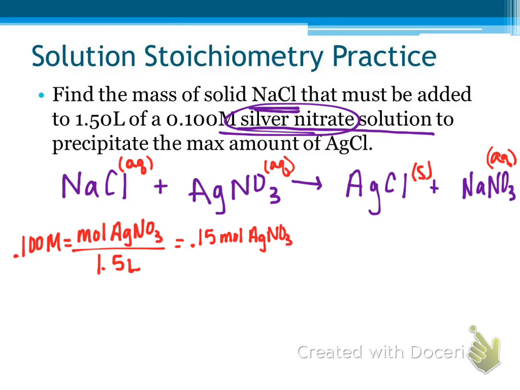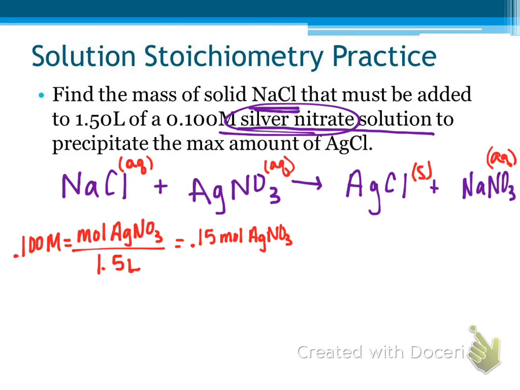From there, we can do a really simple stoichiometry problem. We want to go from moles of silver nitrate and find out how much in grams of salt, or NaCl, has to be put in to use up all 0.15 moles of silver nitrate.